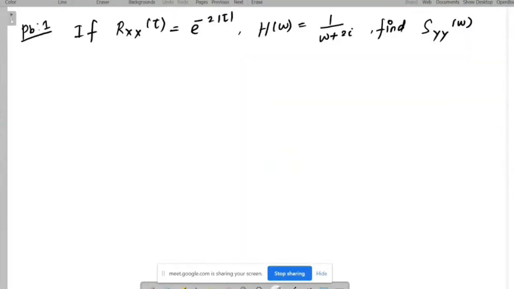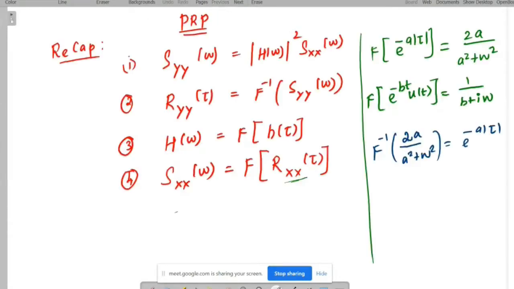So let's see the problem. If R xx of tau equals e power minus 2 modulus tau, and H of omega equals 1 by omega plus 2i, find the power spectral density of the output. They are asking for the power spectral density of the output, right? So here you have to use this formula.